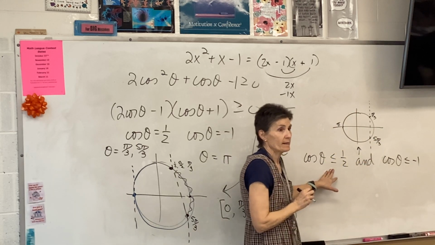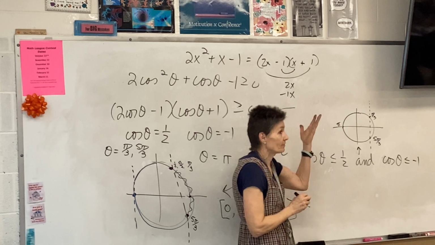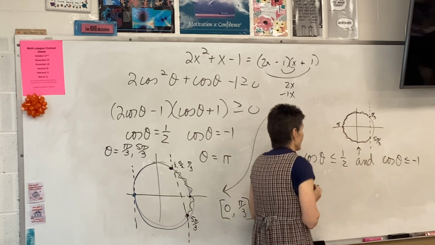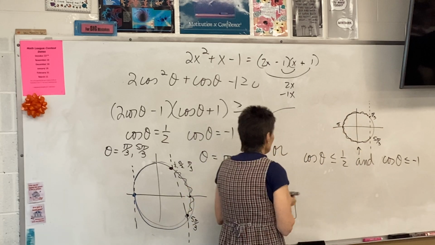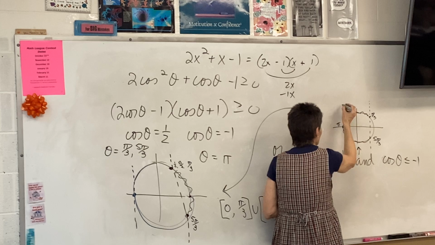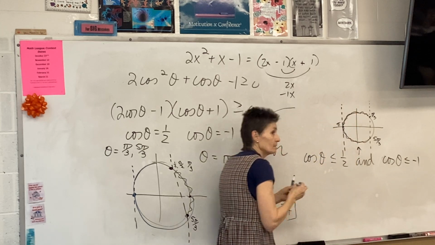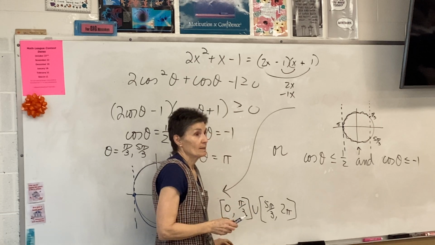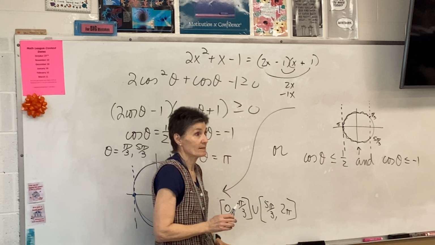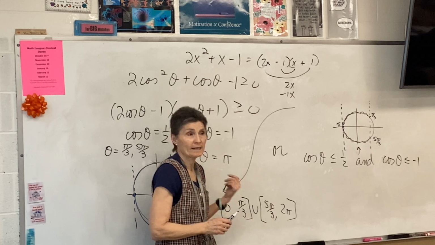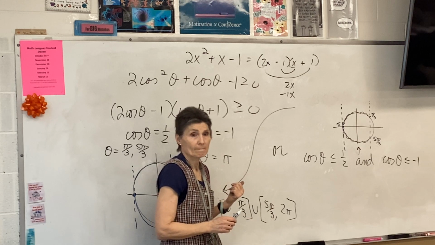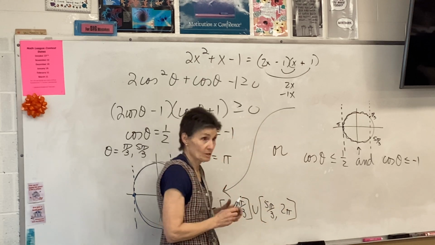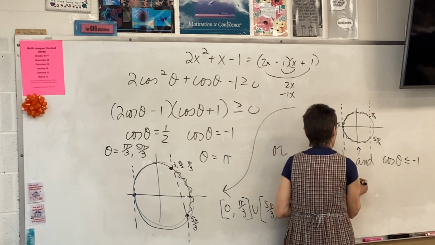So where am I going to shade? I want to be less than a half, so it's going to be left. So all of this is shaded. And then I want to be less than negative 1. What's shaded? Nothing. Now, negative 1 is included, pi is included, but there's no extra shading. Okay? So, do I have any overlap there at all? Just pi. So, yep.